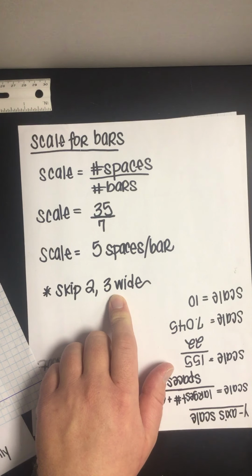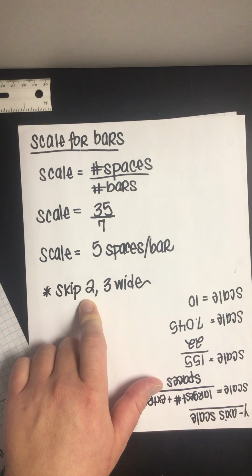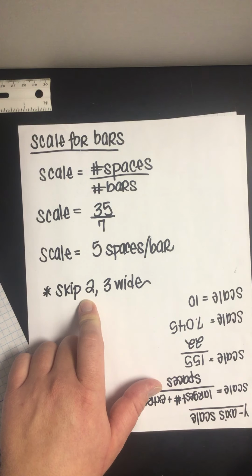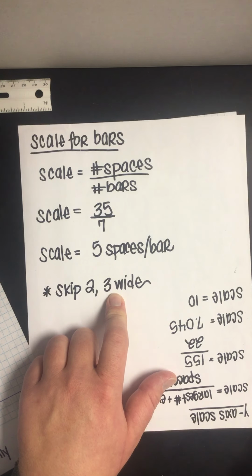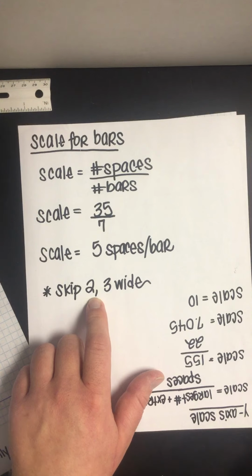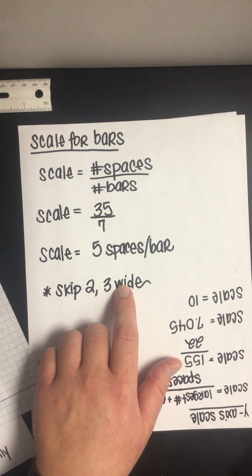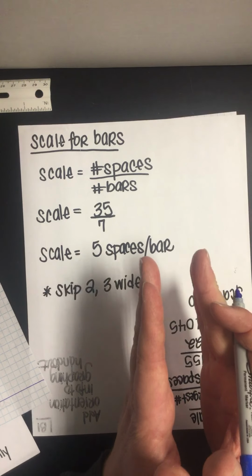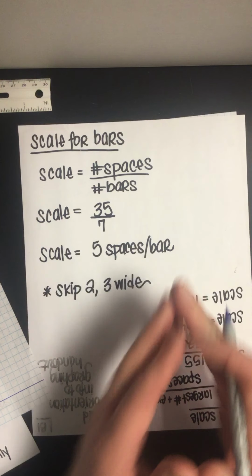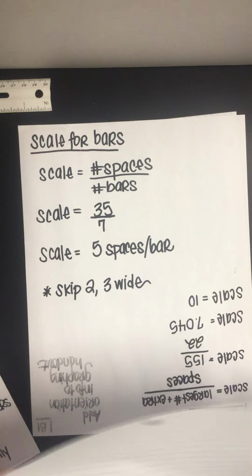So this is 3 wide for the bars, and we're gonna have 2 for the spaces. So if it was 4 spaces per bar, maybe we could have 3 wide and 1 skip. Okay, but we always want the width of the bar to be greater than the width of the blank space in between. Okay.